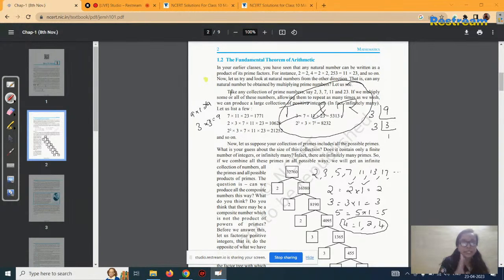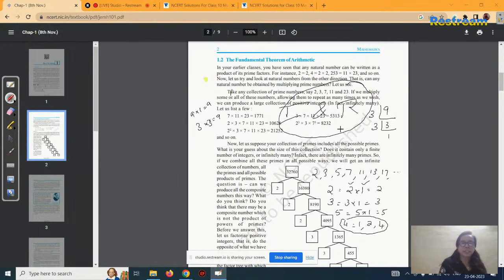So you can see 9 in both the 3 table and the 9 table. So how many factors are there? 1, 3, and 9 is also a factor, right? So more than 2 factors are there. So 9 is a composite number, no doubt at all.